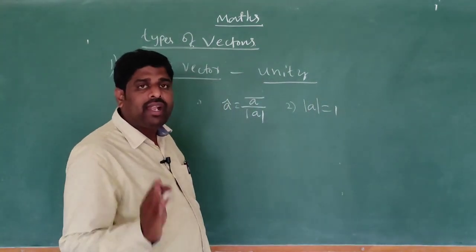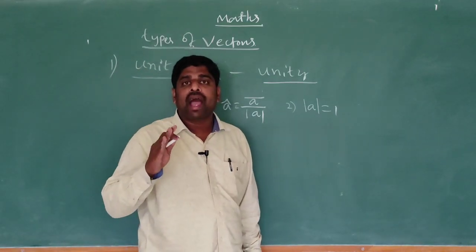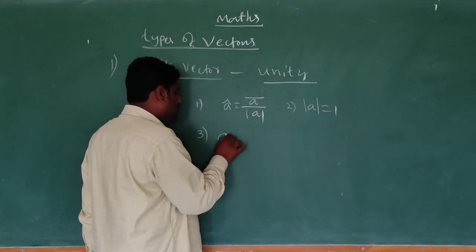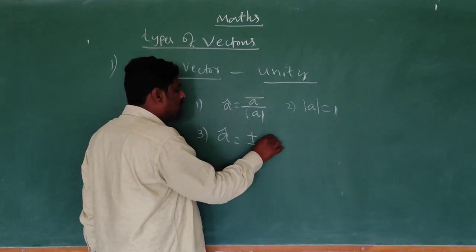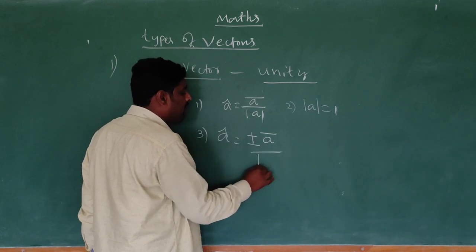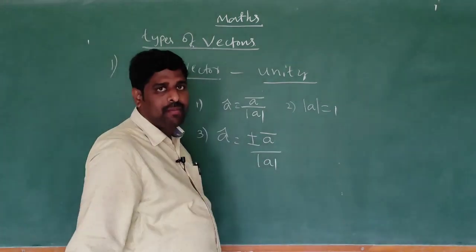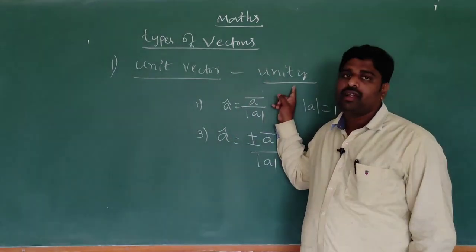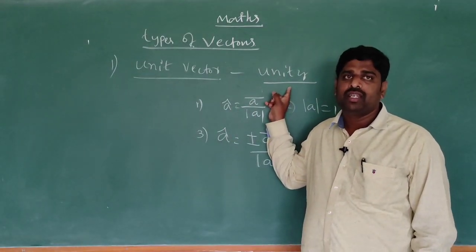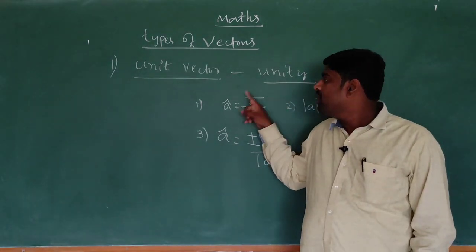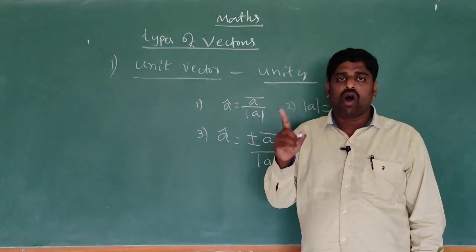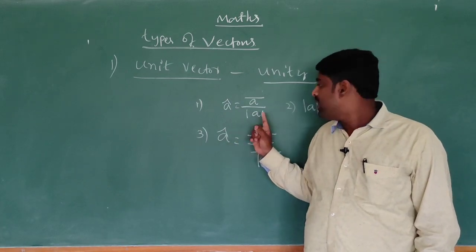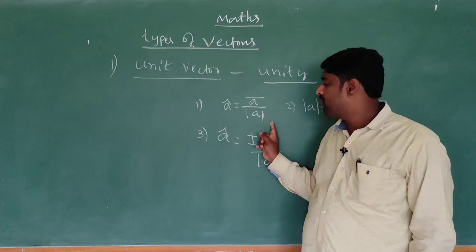Find the unit vector parallel to the vector. For that question, a cap is equal to plus or minus a bar divided by magnitude of a bar. So a vector having magnitude unity is called a unit vector. For the same answer, one more question: find the vector in the direction of the vector. The formula is a cap is equal to a bar divided by magnitude of a bar.